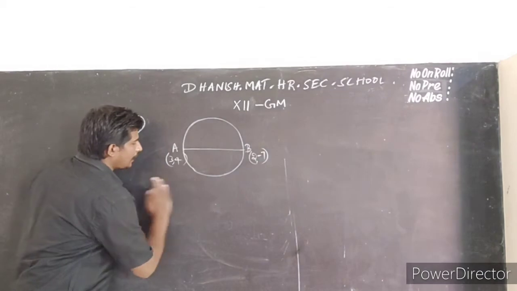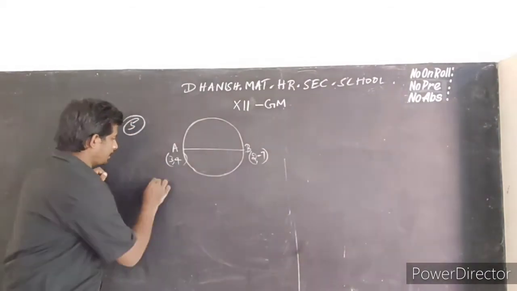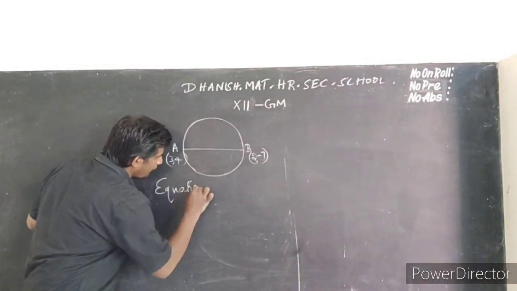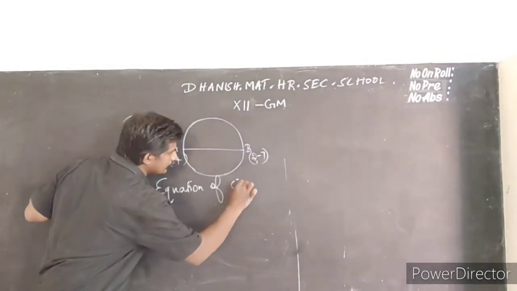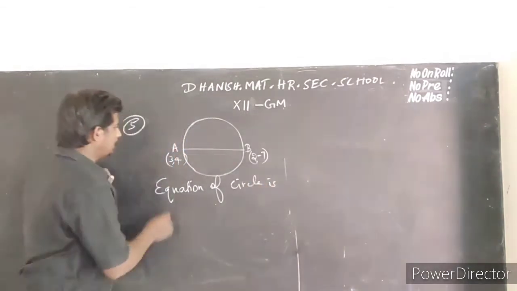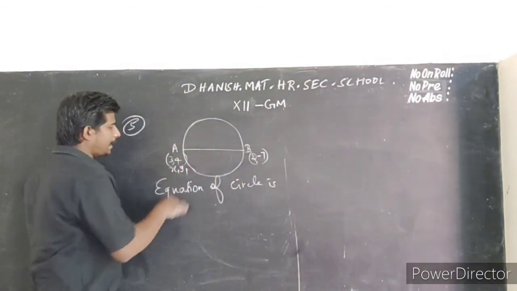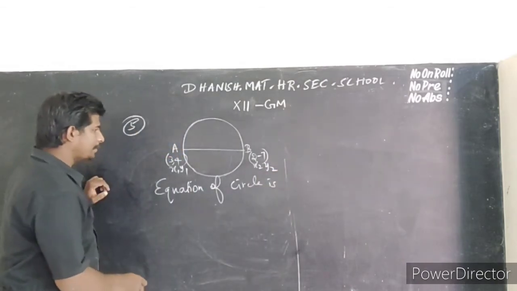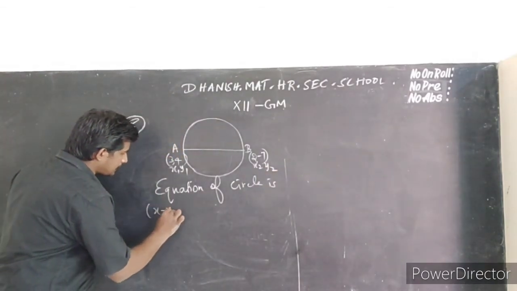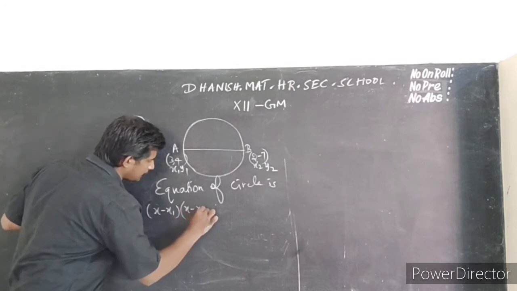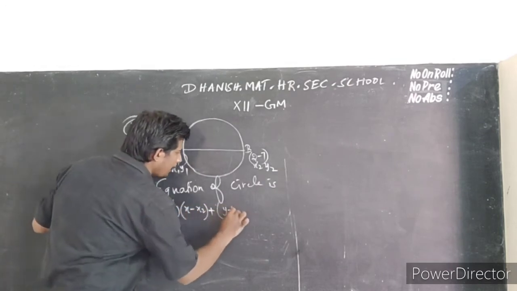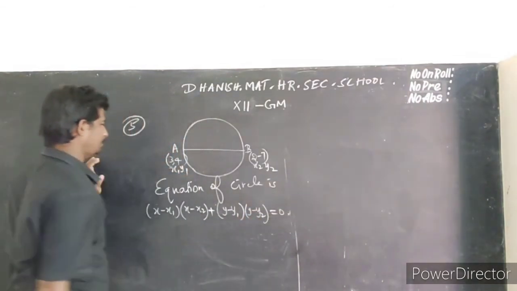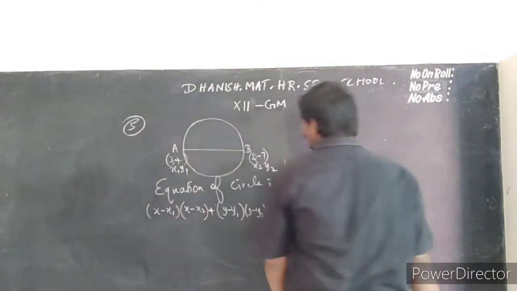As I told you earlier, we can take A as (x1, y1) and B as (x2, y2). So the equation of the circle is (x − x1)(x − x2) + (y − y1)(y − y2) = 0.